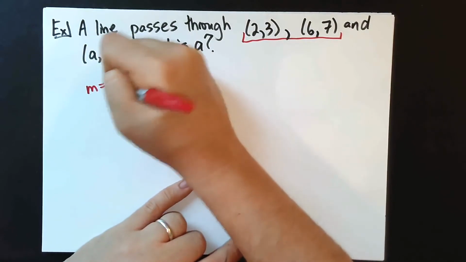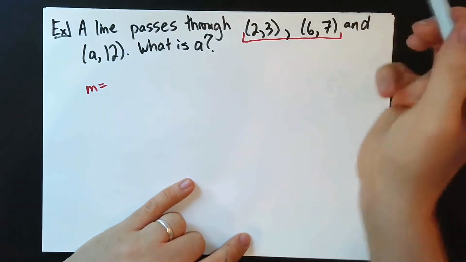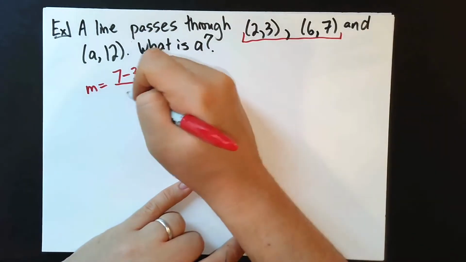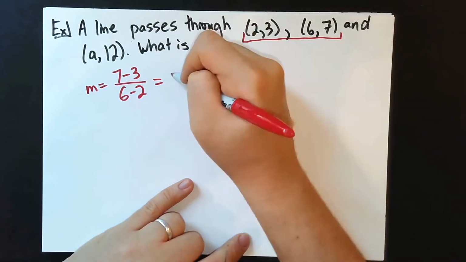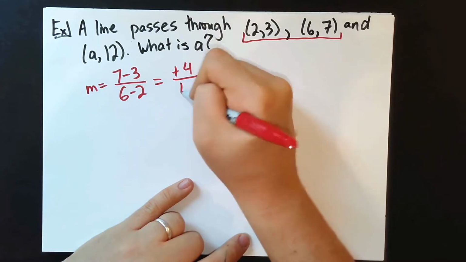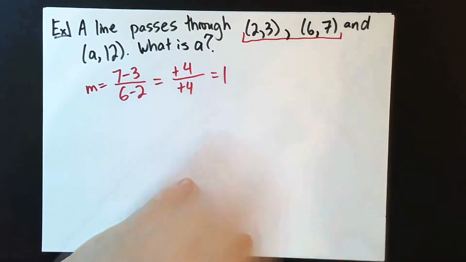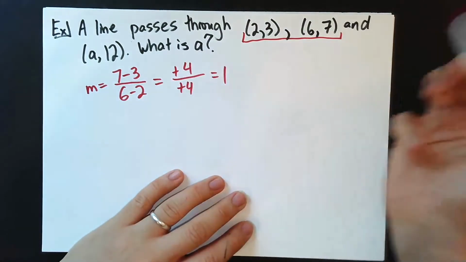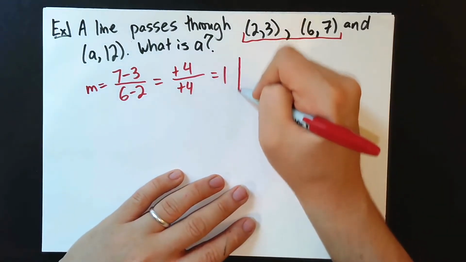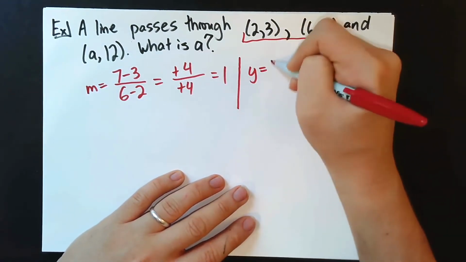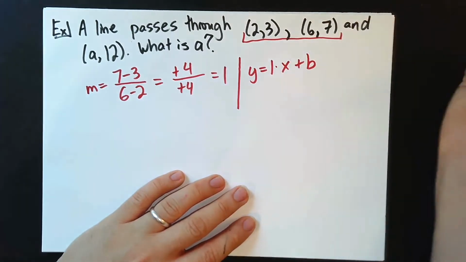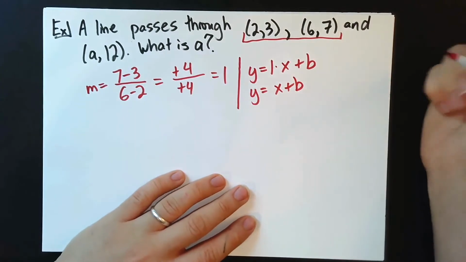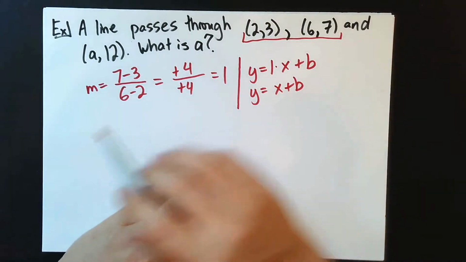So I can calculate the slope. The change in the output will be 7 minus 3 divided by 6 minus 2. So that is plus 4 over plus 4, which is 1. So my slope is 1. So my line looks like y = 1 times x + b, which I'd usually just write as y = x + b, since 1 times x is x.